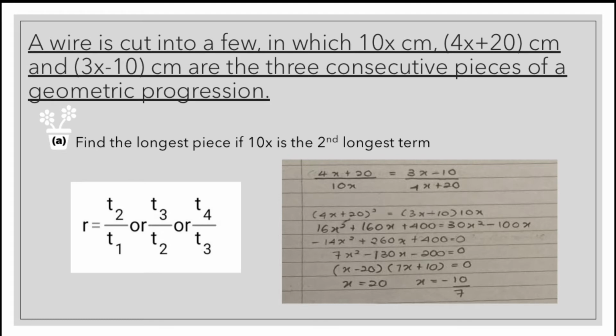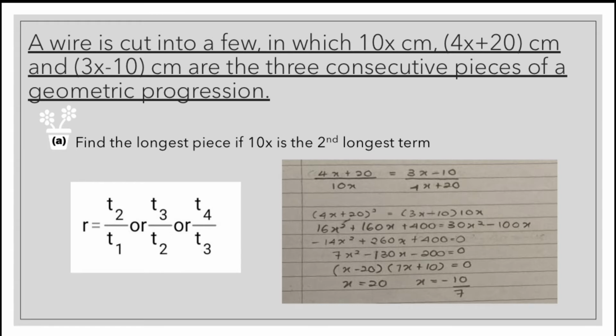So, the first step is we need to find the value of x and then substitute to get the exact number for the second and other terms. Since we have the second, third and fourth terms of the geometric progression, we use the formula of common ratio to get the value of x.